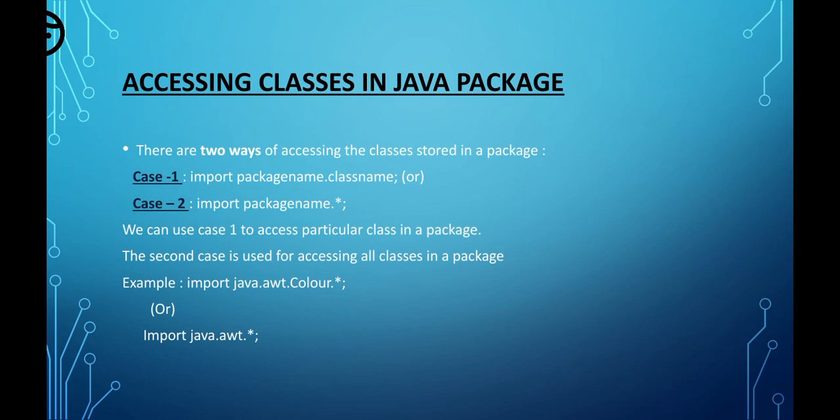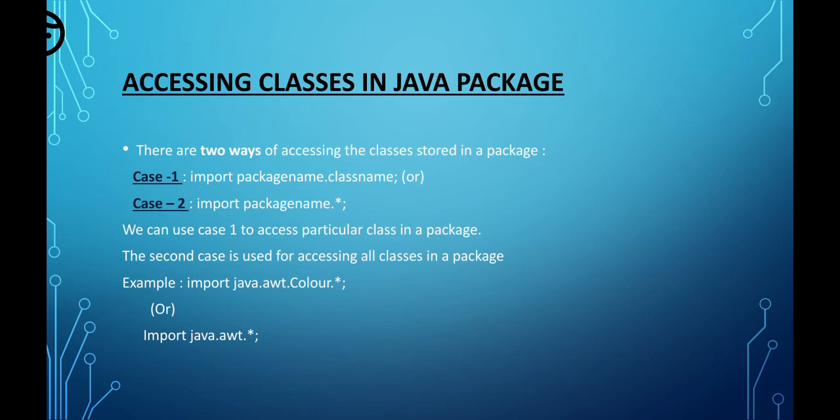Whereas in case 2, import package name dot asterisk, this accesses the total package, so it includes all the classes in that package. That's the main difference. If you want to access a specific class in a package, you can use case 1. If you want to access all the classes in the package, you can use case 2.